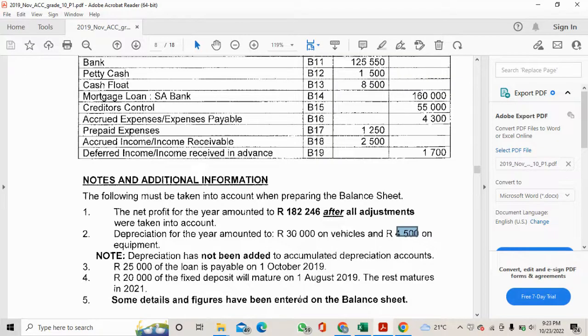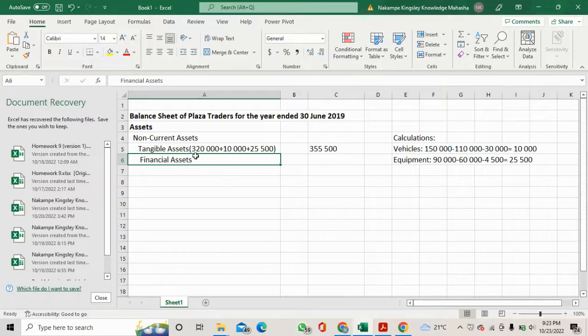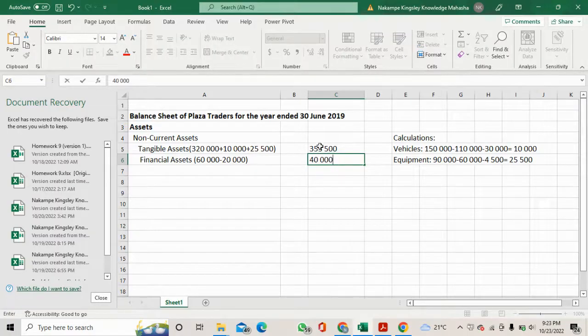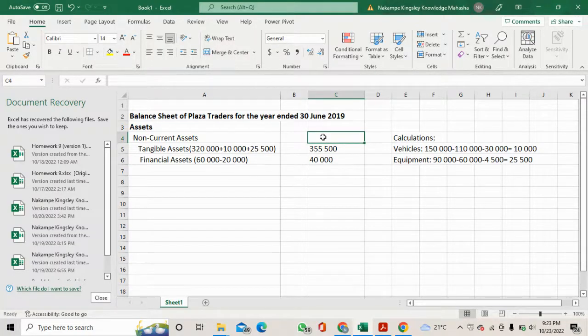So we have to subtract this 20,000 from our investment. So our fixed deposit is 60,000, we subtract 20,000, and then you get 40,000, right? And then you add these two, you're going to get 395,500.